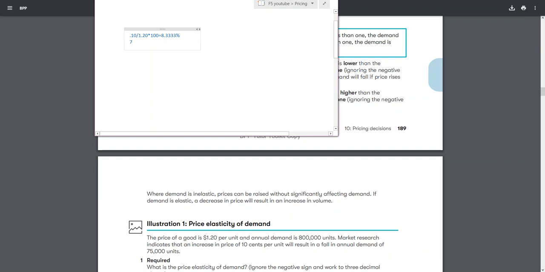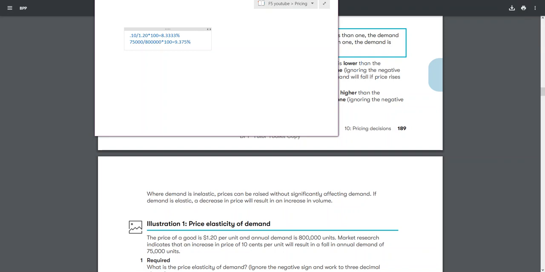And when we look at the change in demand, dividing by the current demand, it's about 9%. So the percentage change in demand is more than the percentage change in price. So that means it should be elastic.